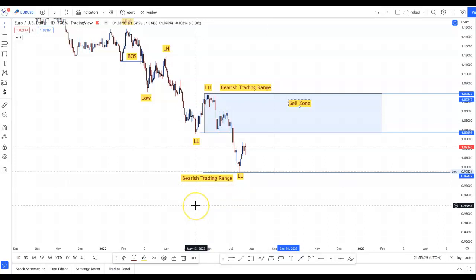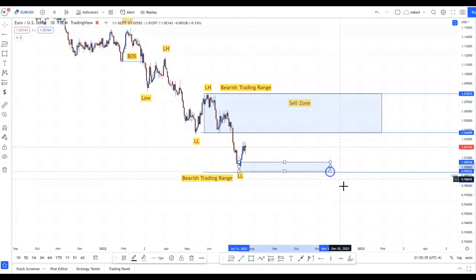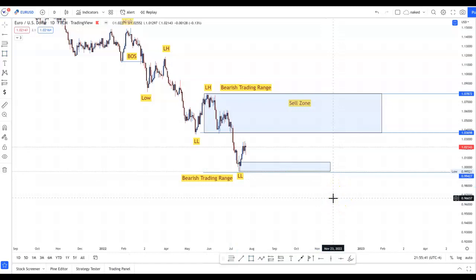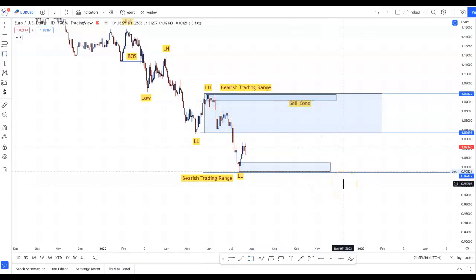You got it? So the next step is to draw our supply and demand zones. We can see we have a demand zone right here, and in my trading course, I teach you where to find your supply and demand zones. Let's draw them. I like to call them minor and major supply and demand zones.